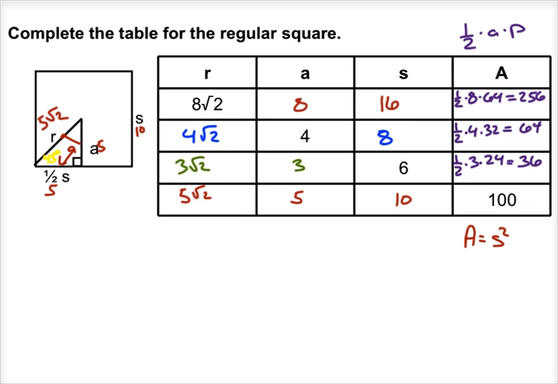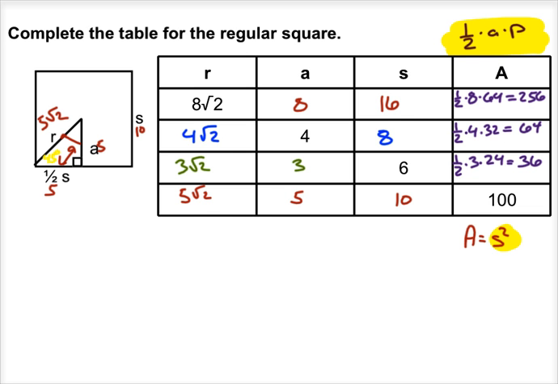Now, if you look at the chart, you might have noticed something else. And this is where we have different formulas to get areas for things. So if you were going through this chart and you realize that I know a square is a regular polygon, and I can use this formula up here that the area is 1/2 times the apothem times the perimeter. Well, we also had the formula for a square as just being a side squared.